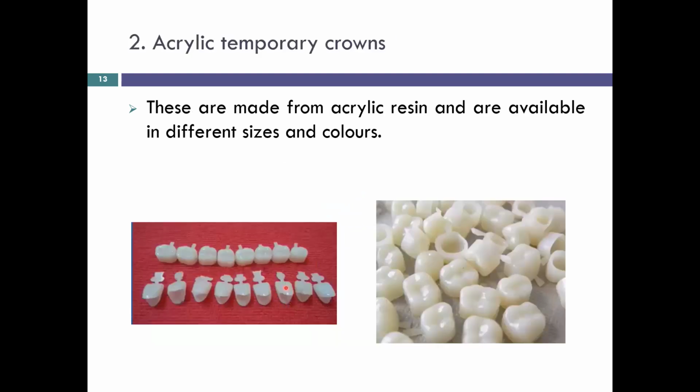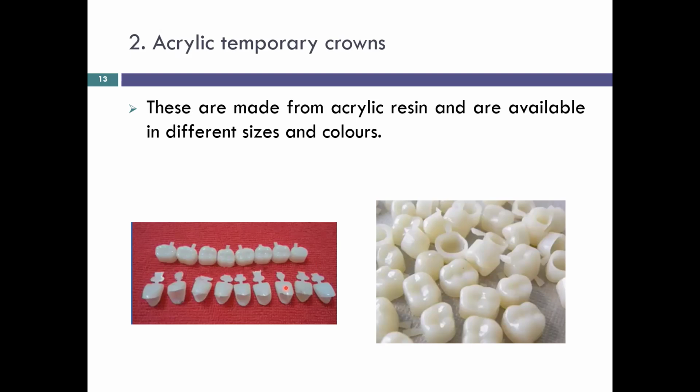The polycarbonate and acrylic crowns are almost similar, and both are available in various shapes and sizes for anterior as well as posterior teeth. The acrylic ones are made from acrylic resin and are available in different sizes and colors.